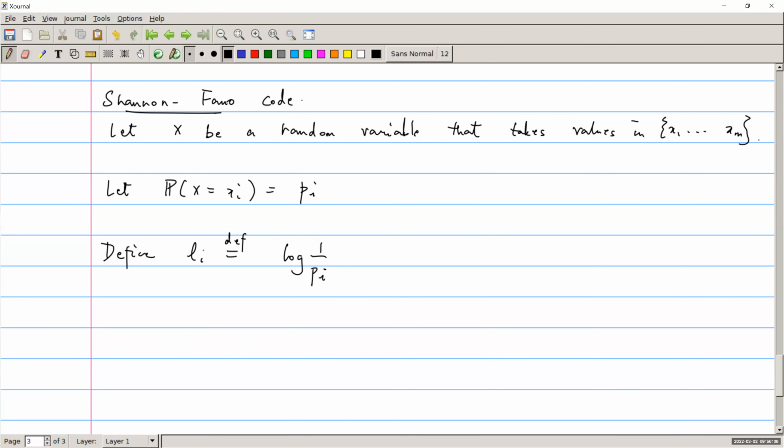But the catch is log of 1 over pi need not be an integer. So what we do is assign the ceiling of log of 1 over pi. Ceiling is the smallest integer that is greater than or equal to a number. So this is the smallest integer that is at least log of 1 over pi.